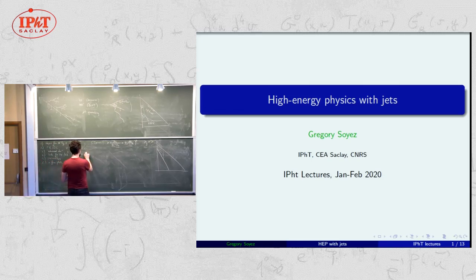So this is mostly saying that the cumulative distribution for theta G to be smaller than a given value is just, as we did before, the exponential of minus the integration between theta G and R of the emission density with Z bigger than Z cut.